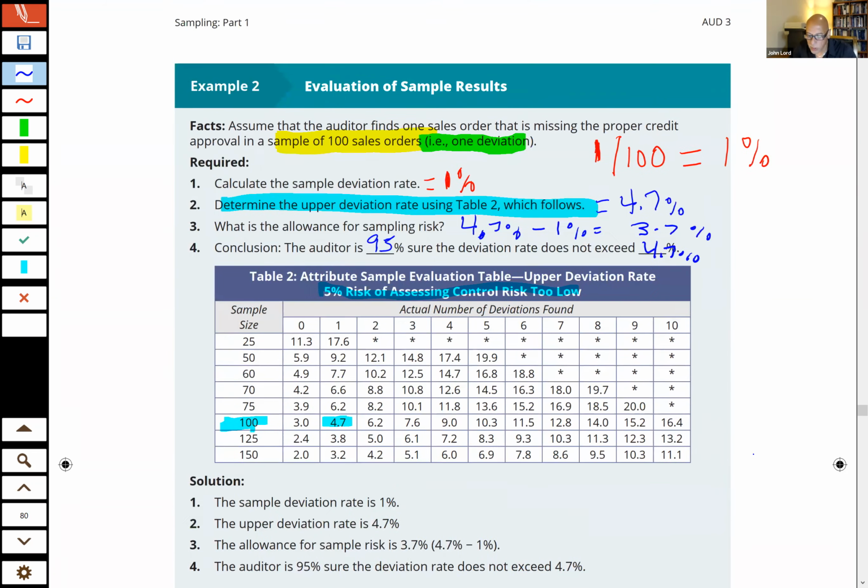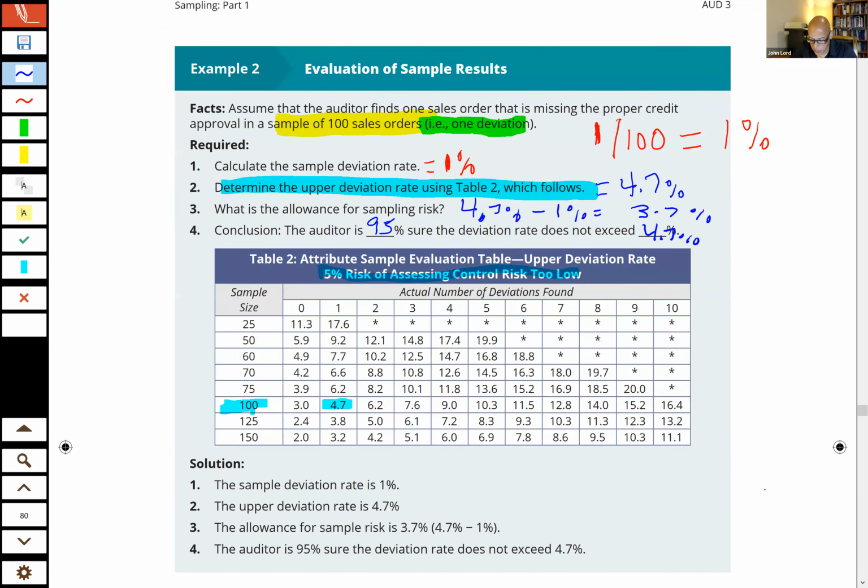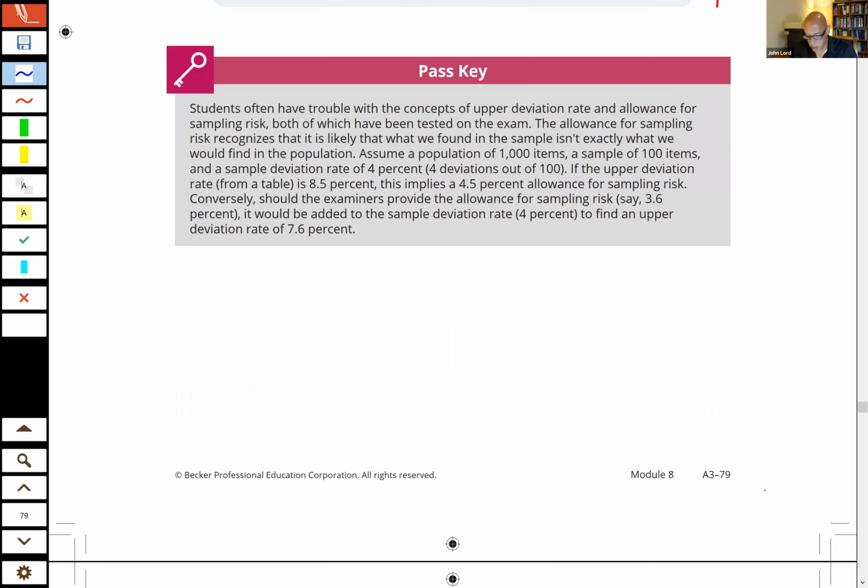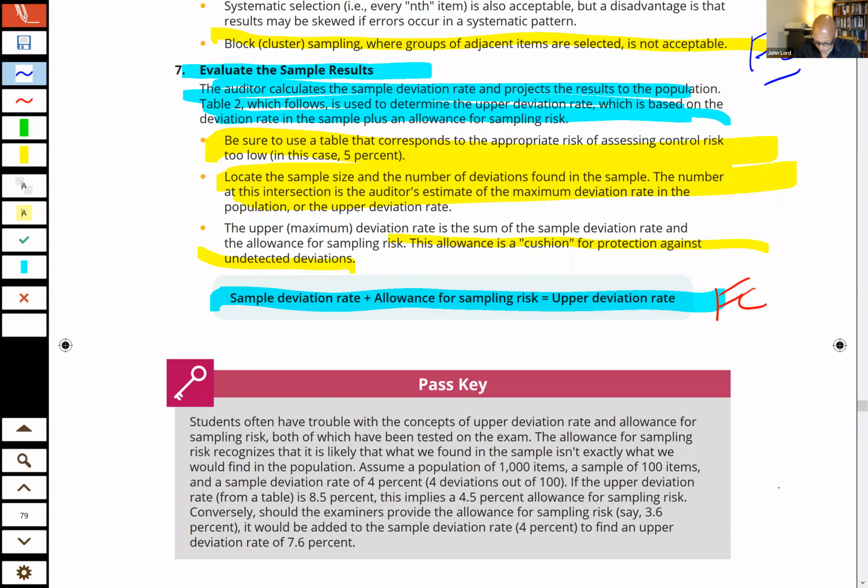Okay, good. So now I want to come back, now that we understand that example, and look over here. The sample deviation rate in our little example is 1%. We add the allowance for sampling risk, which we determined to be 3.7%, and our upper deviation rate was 4.7.